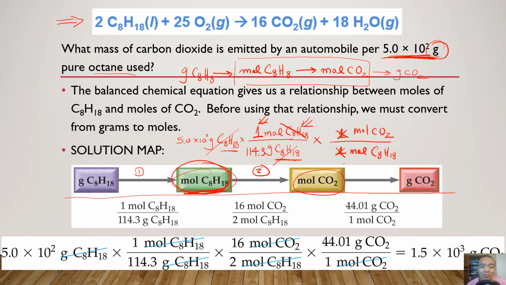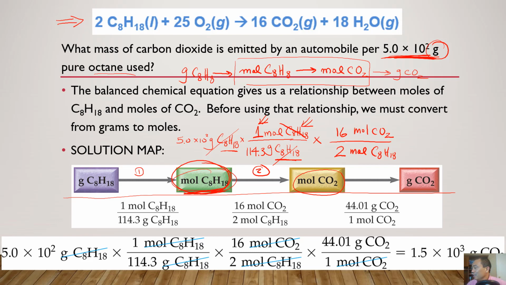This relationship is a molar relationship, and you get it from the balanced chemical reaction. Look at the top. It's 2 moles of octane related to 16 moles of CO2. So that's how we get the number. 2 moles of octane gives you 16 moles of CO2.